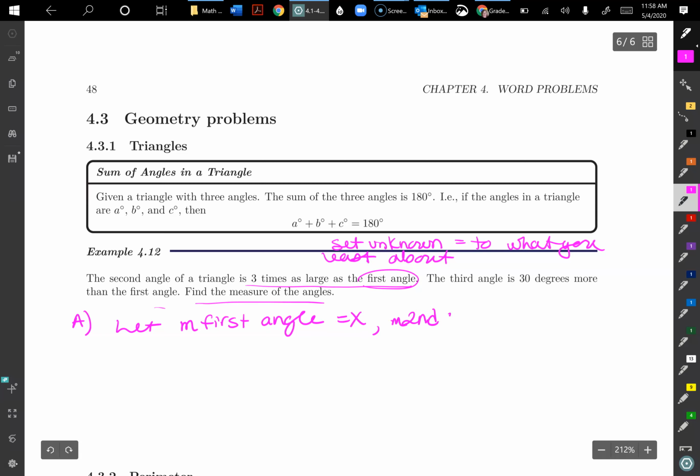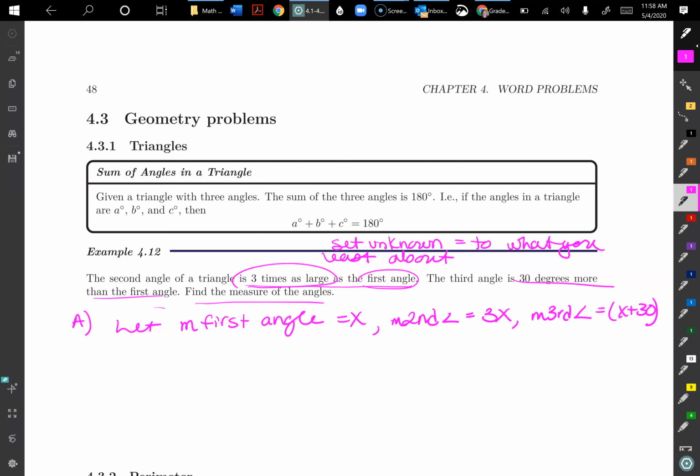The measure of the second angle is 3 times bigger than that first one, so 3x, right? The measure of the third angle, this little symbol is for angle, equals x plus 30 in parentheses, because it's 30 more than the first angle. So everything references back to that first angle.